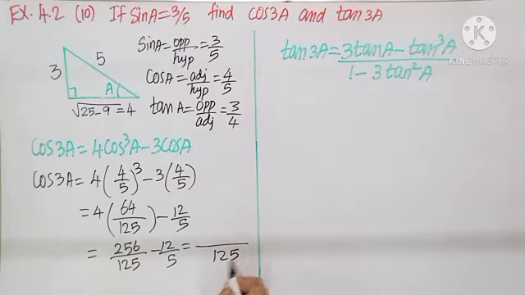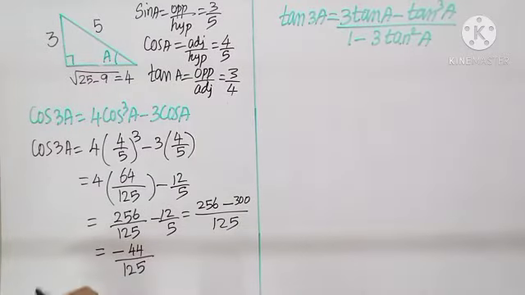LCM 125. It is 256 minus 25 12s are 300. So we get cos 3A equals minus 44 by 125.